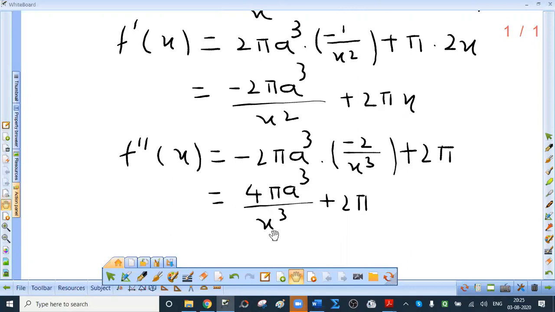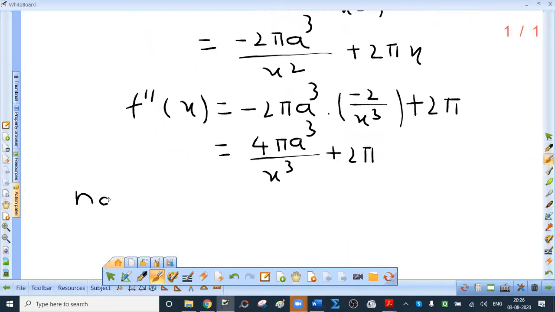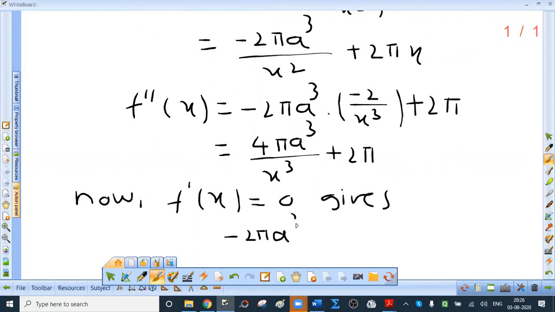It will be in terms of x, represent it by f of x, find f dash, find f double dash, solve the equation f dash of x equal to 0. Yes. Now f dash of x equal to 0 gives, tell me what does it give? It gives me twice pi a cube upon x square plus twice pi x equal to 0. Solve this.